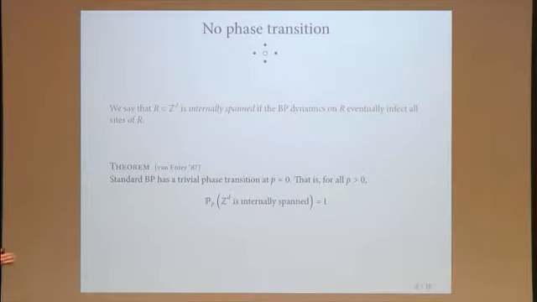But for a rectangle, internally spanned means that if I just do the site percolation on that rectangle, then it will fill up from the inside out, without help from the outside. So Z^d always fills up because you can always find somewhere a small, dense cluster that will grow into a seed, and then that thing will keep on growing and growing. It will always encounter something on its boundary.